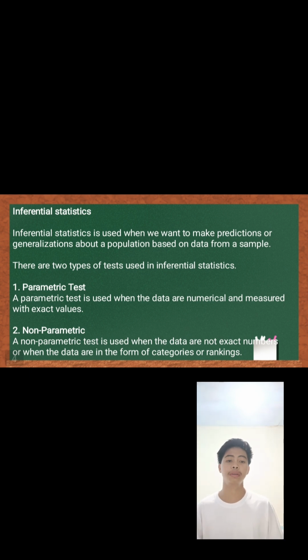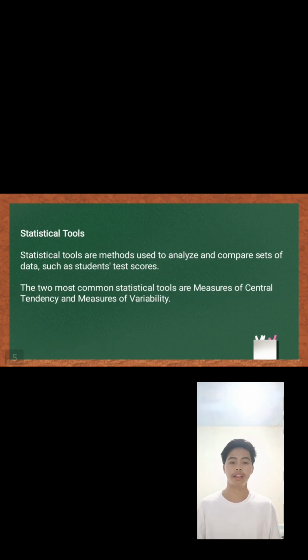A parametric test is used when the data are numerical and measured with exact values. A non-parametric test is used when the data are not exact numbers or when the data are in the form of categories or rankings. Understand? And the last one is statistical tools.